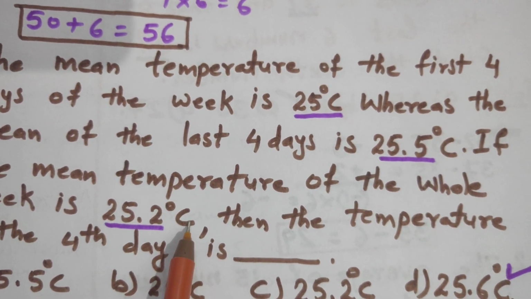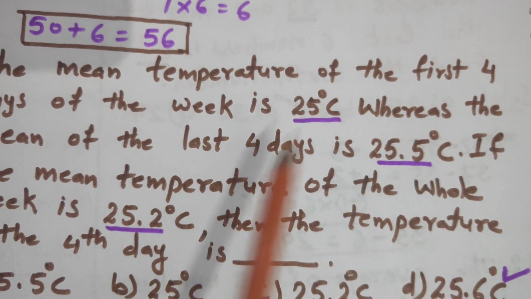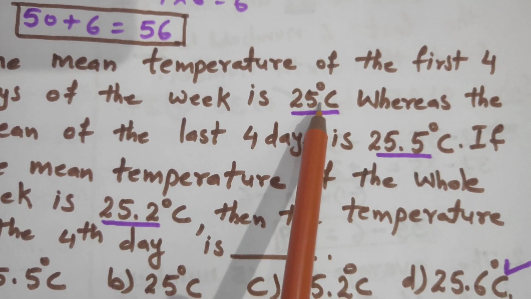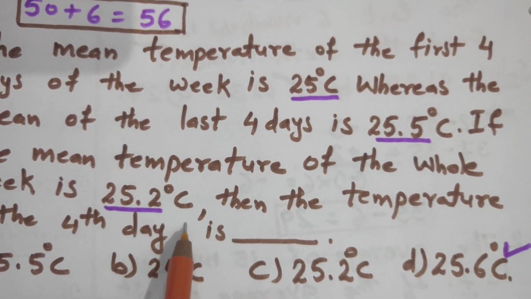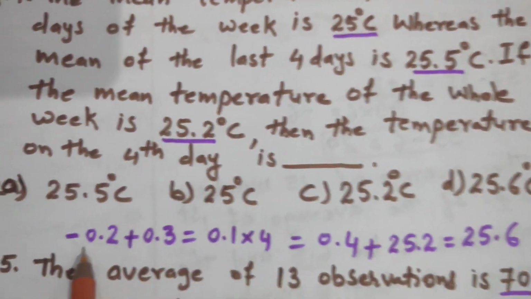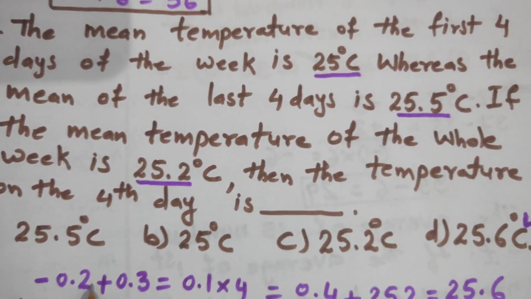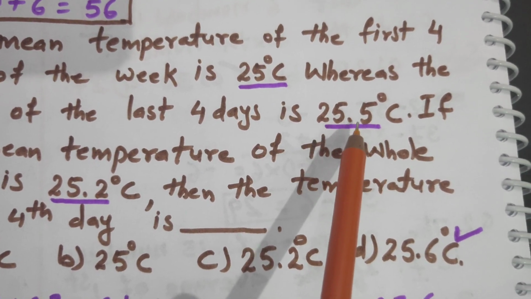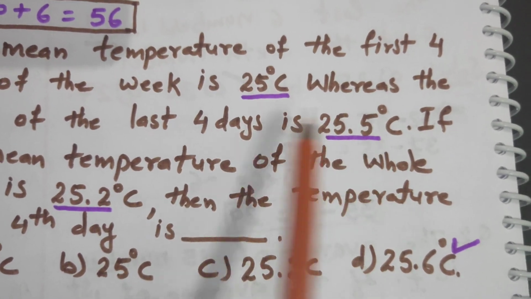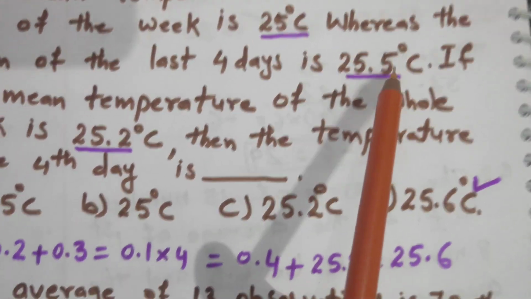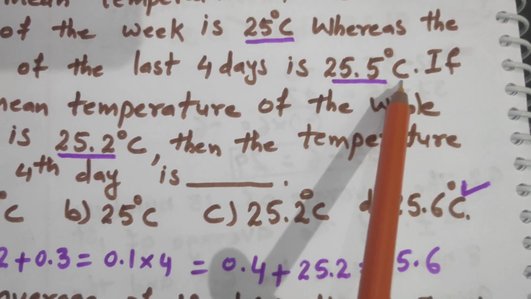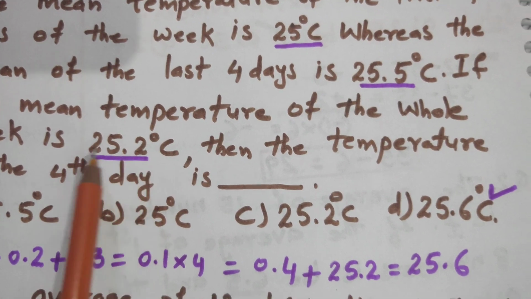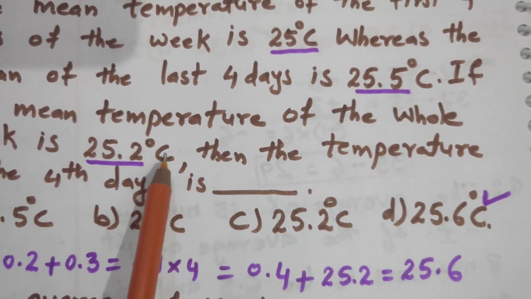25.2 is the average of the whole week. So for the first 4, 25 minus 25.2 will become minus 0.2. Then 25.5 is the last 4 days. So we will do 25.5 minus the whole week, that is 25.2.